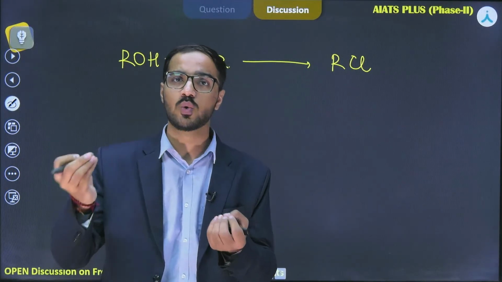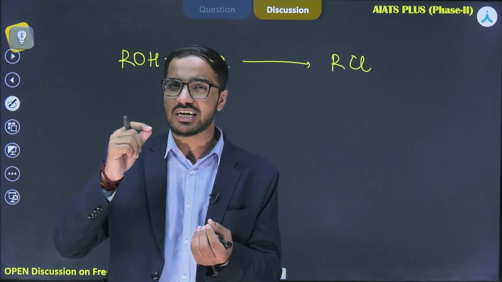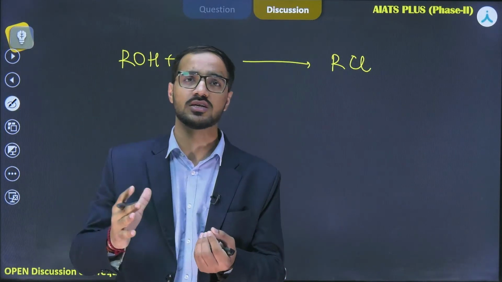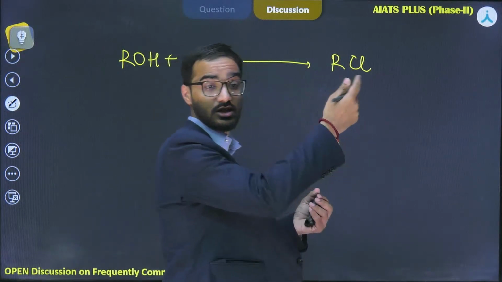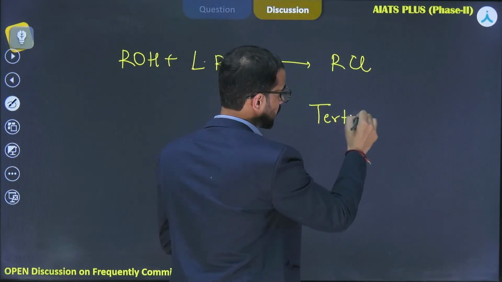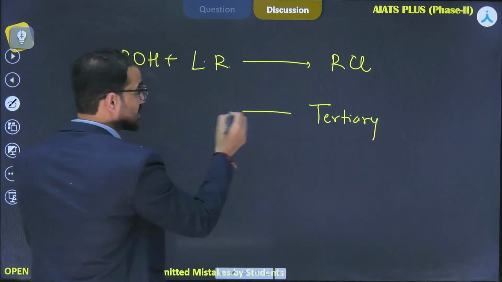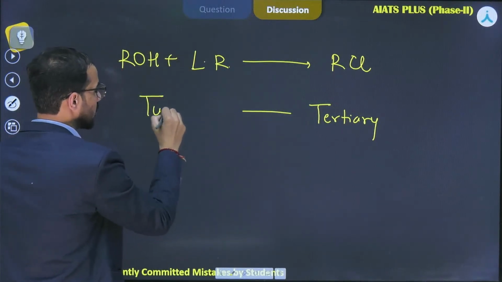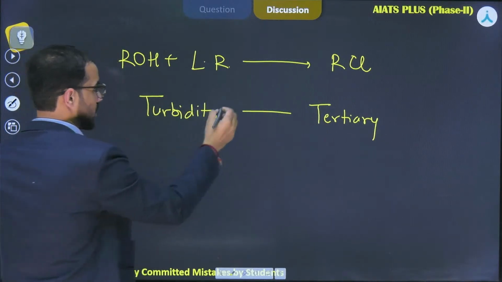When you add Lucas reagent to an alcohol and the turbidity occurs immediately, in a fraction of seconds, then you can clearly say that the alcohol is tertiary. When the turbidity is immediate.